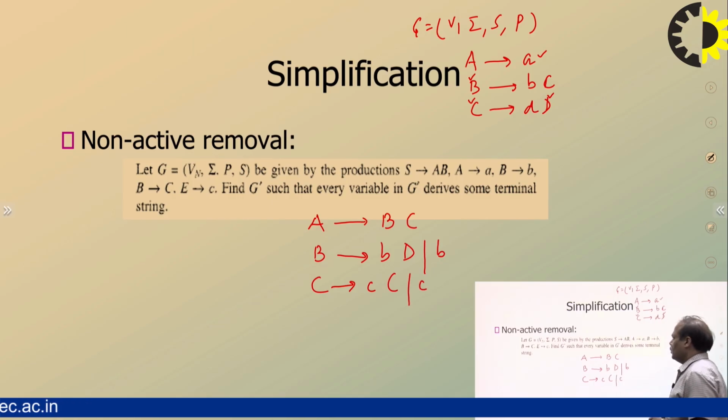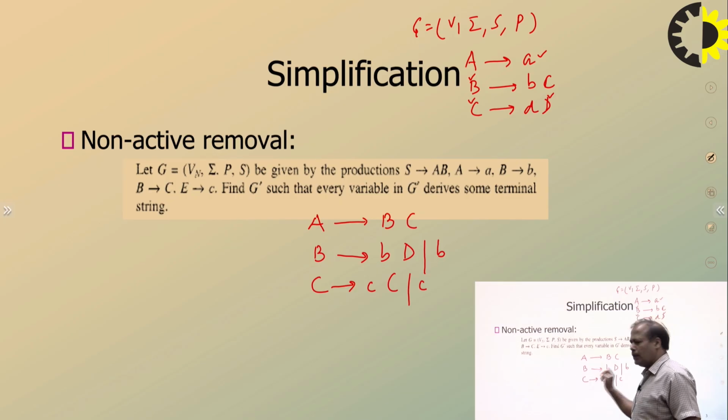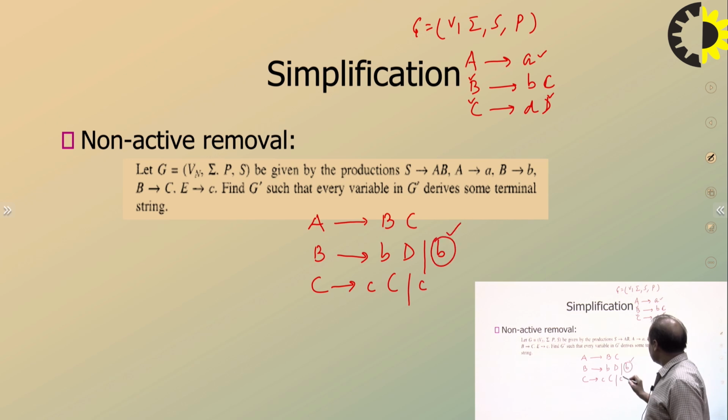If you look here, B derived a terminal string in the first attempt. Similarly, C can also derive a terminal string. So both B and C derive terminal strings, and in the first attempt B and C both become active variables.